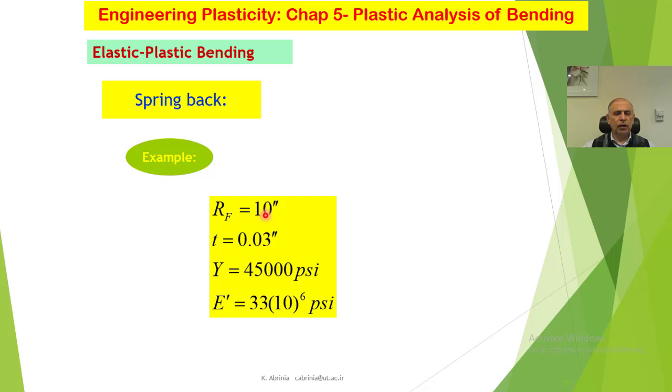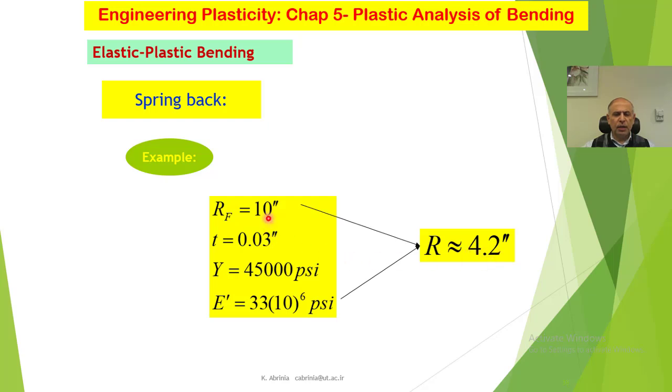It's a flat sheet of material, and the thickness is 0.03 inches. The yield strength is this, and E prime is this. So if we use those relationships, we get R almost equal to 4.2 inches.